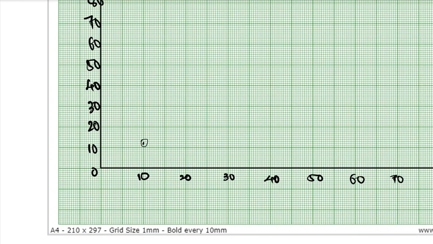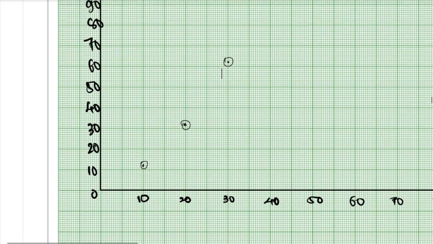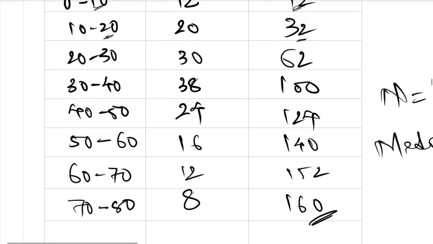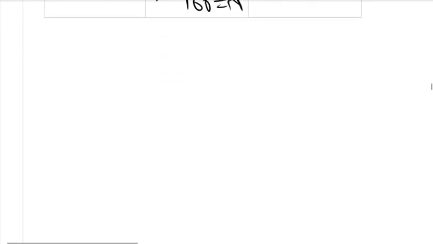Okay, so 20, 32, right? 20 was 32, 30, 62. So 20 is over here. 32 is just two lines above 30. So over here. 20, 32, 30, 62. Just two lines above 60. Over here. Right? 40, 100, 50, 124.